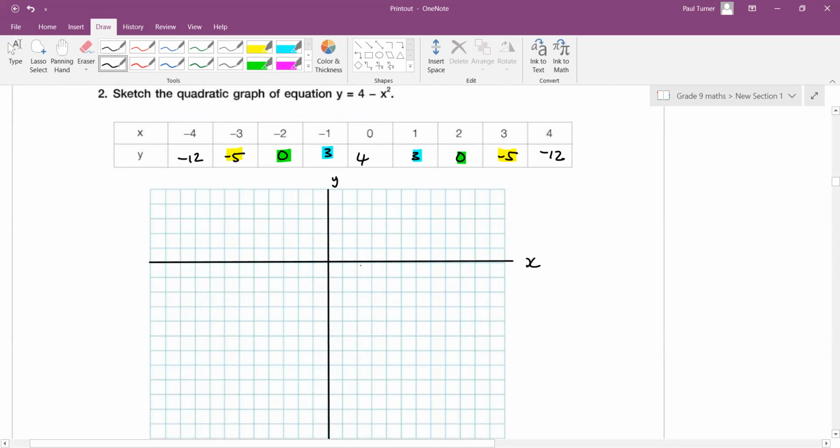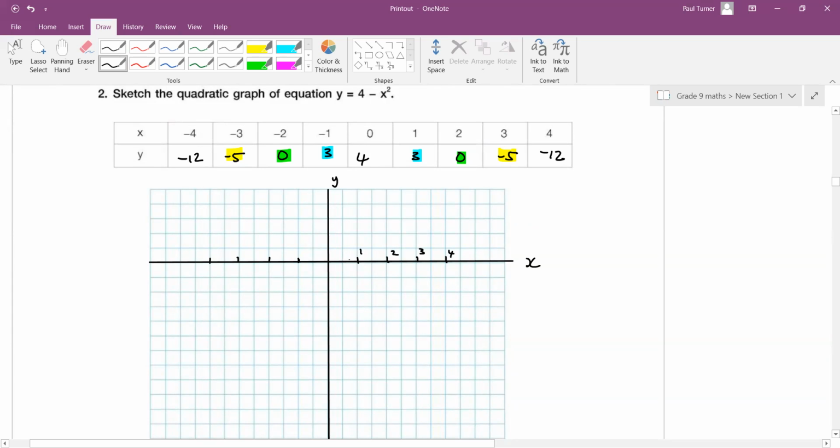So the scale's up to you. We go out to 4. Let's spread it out a little bit, might be better. So 1, 2, 3, 4, 0 there, and then minus 1, minus 2, minus 3, minus 4.